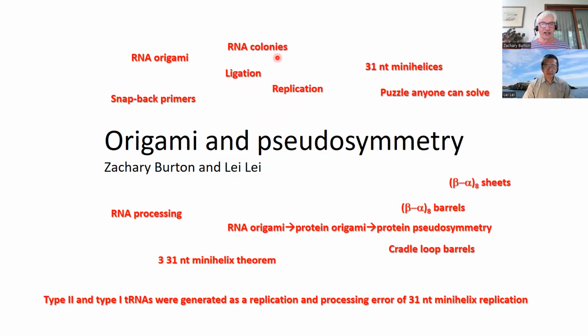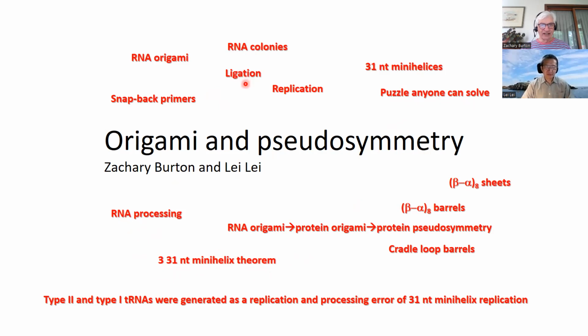RNA colonies I'll describe include snapback primers, any 31 nucleotide mini helix. Mini helix is a snapback primer. And part of this is a puzzle that anyone can solve. The solution to the puzzle, if you can't solve it, is the 331 nucleotide mini helix theorem.